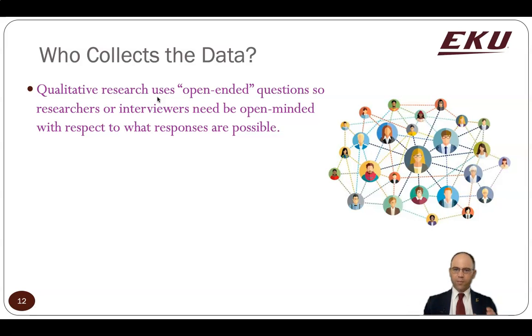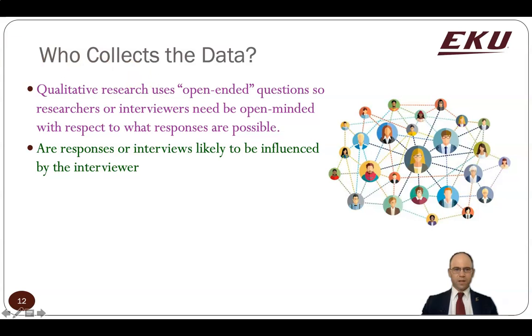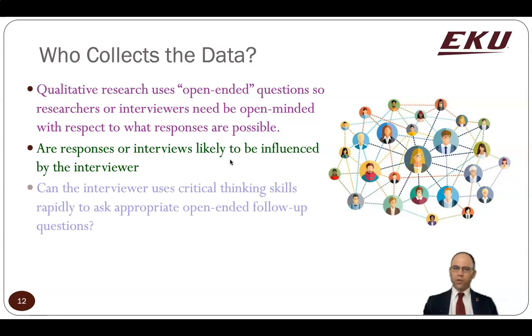The responses people give in an open-ended survey might make more reserved people uncomfortable. So our responses or interviews are going to be influenced by the interviewer, and we have to know who is going to be doing the survey. If you're asking a woman about certain things, maybe another woman would be better suited for asking those questions. Same thing with men.